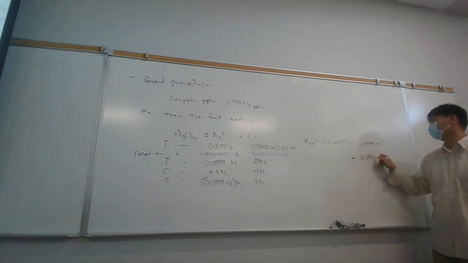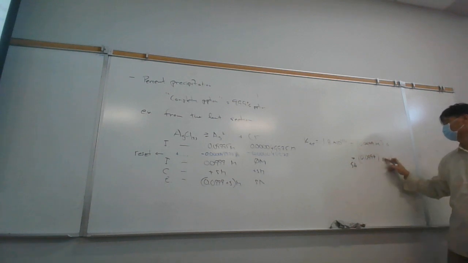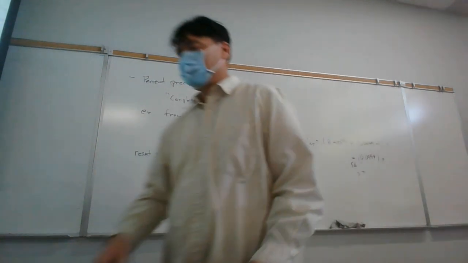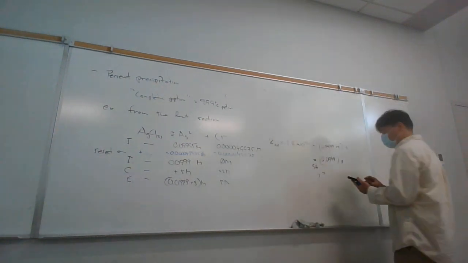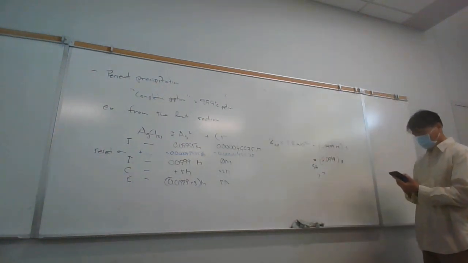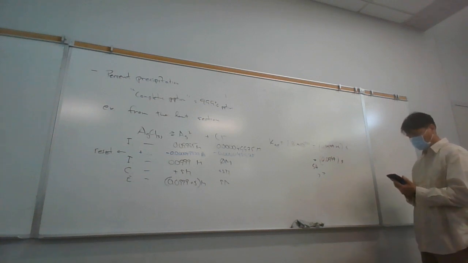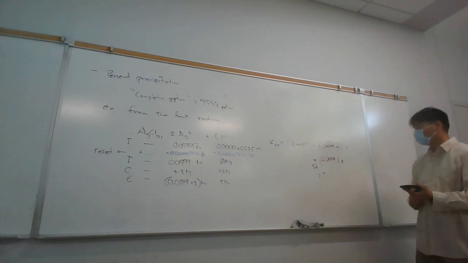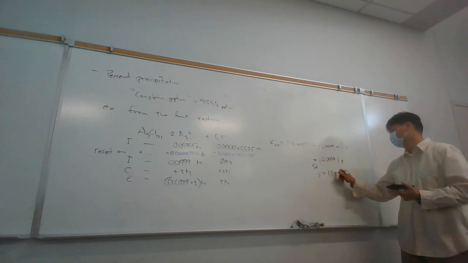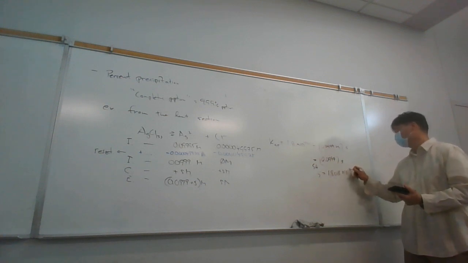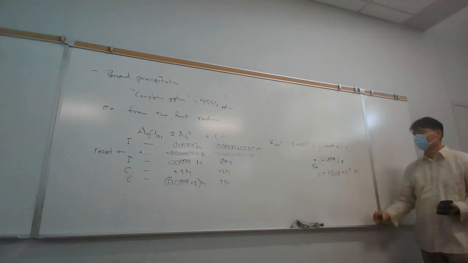And I'm just going to call this 0.0999 using the simplifying assumption, times S. And then we'll just calculate S. So S is going to just be 1.8 times 10 to the minus 10 divided by this. So I have this on my calculator. I get S is 1.8018 times 10 to the minus 9. This is molar.